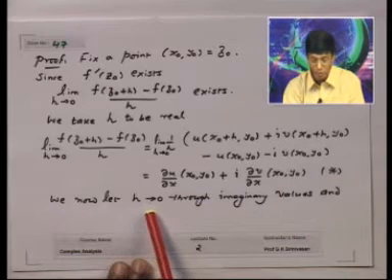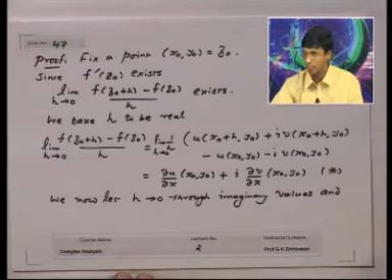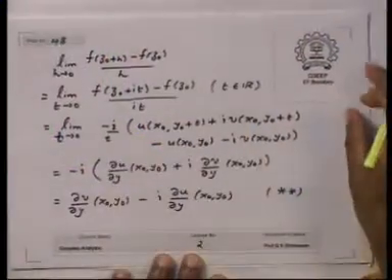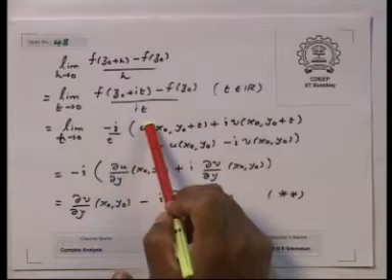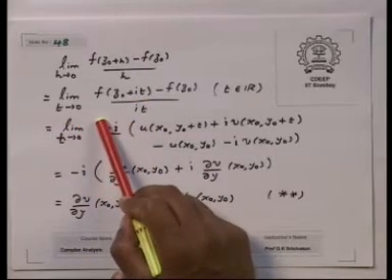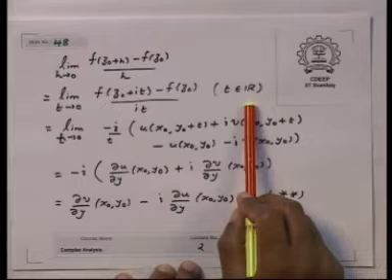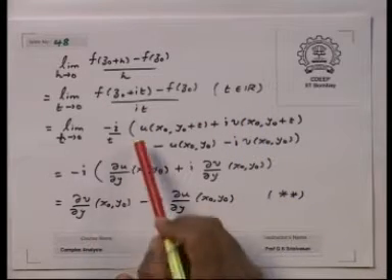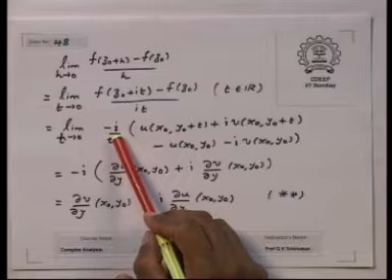Now we let h go to 0 through purely imaginary values. Instead of h, I am going to take i t, where t goes to 0 and t is real. Again 1 over i is minus i.